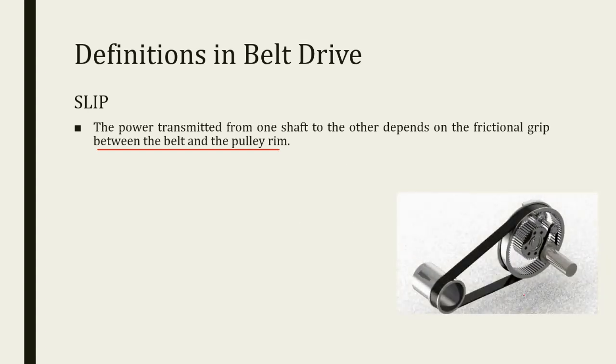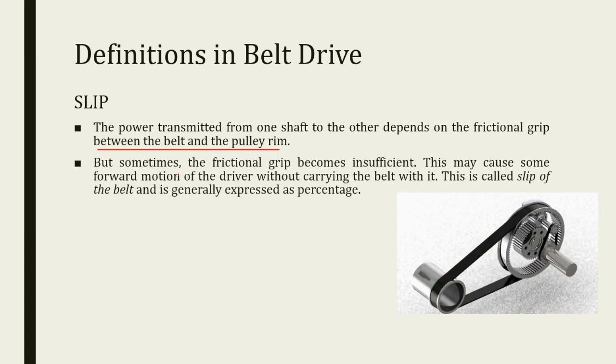So here you can see a belt is mounted over two pulleys, but sometimes the frictional grip becomes insufficient. There are chances that the frictional grip required to hold the belt on the rim of the pulley will not be sufficient.